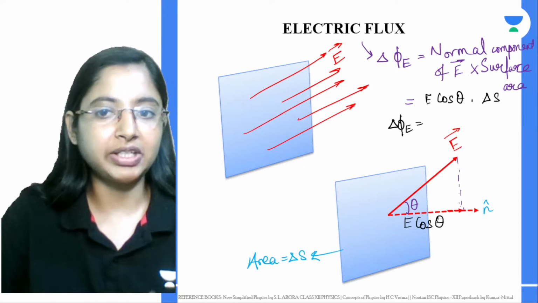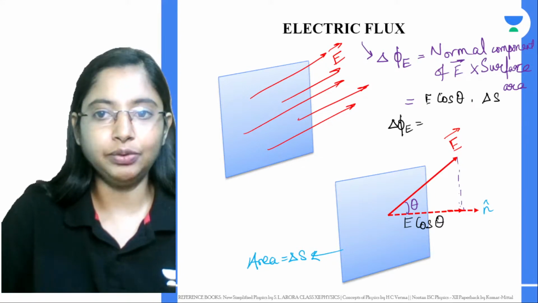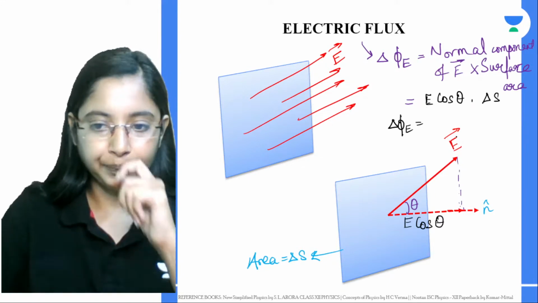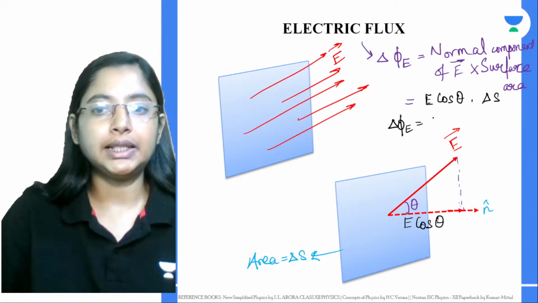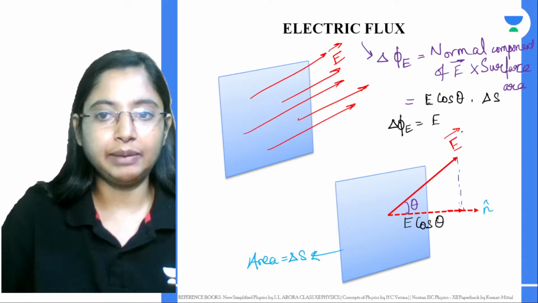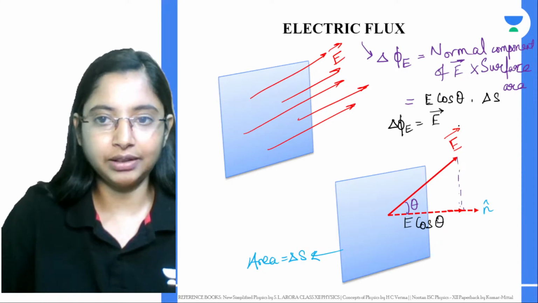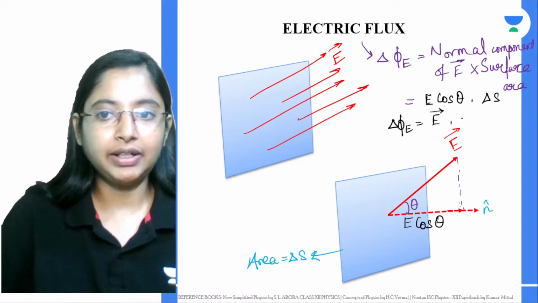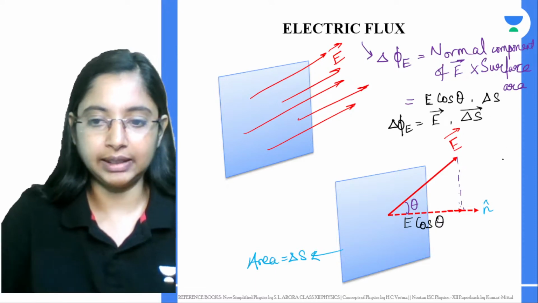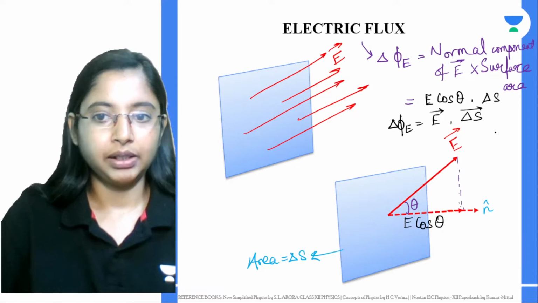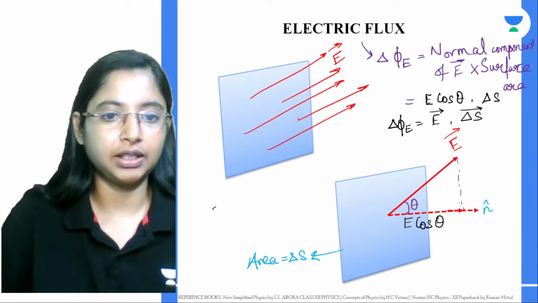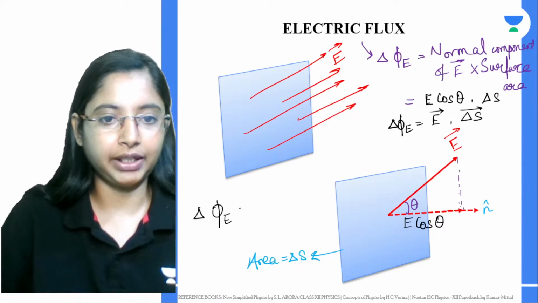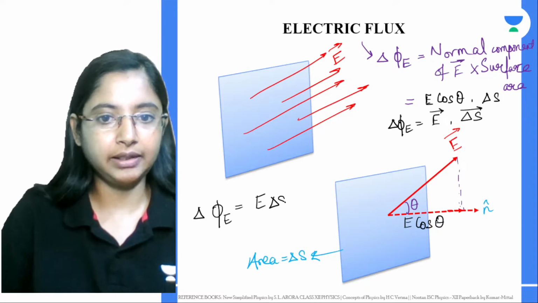Since electric field is a vector, it can be given as E vector dot area vector, delta S. In case there is an angle, delta phi, the flux through this area, is given by E delta S cos theta.